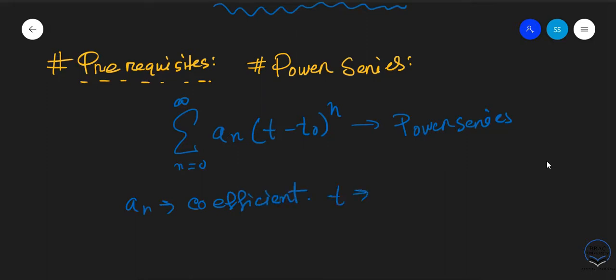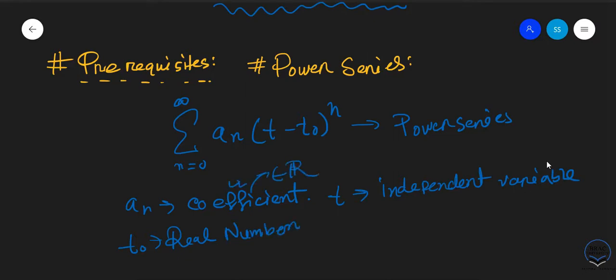This t is called the independent variable. t0 is a real number, and obviously the coefficient is also a real number, so this also belongs to R. And this n is the number of iterations.